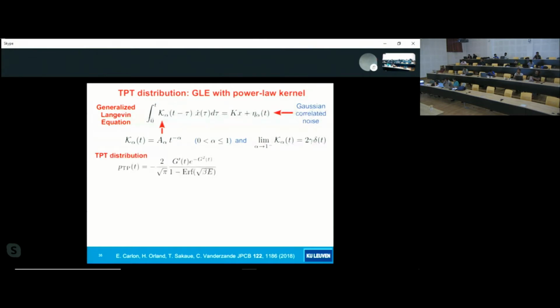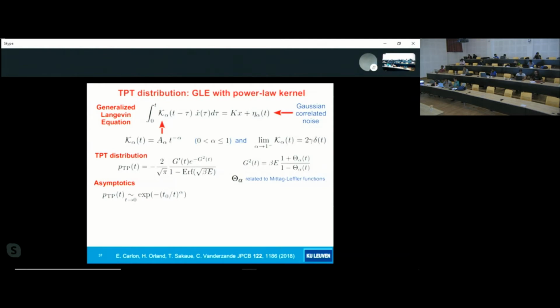And the TPT distribution also for this process has this universal form, but now what we find is that this G squared, where we are studying here the first-order case, so we don't consider inertia but we consider memory, has a modified form, which instead of containing exponentials contains what are called the Mittag-Leffler functions, which are modified exponentials.